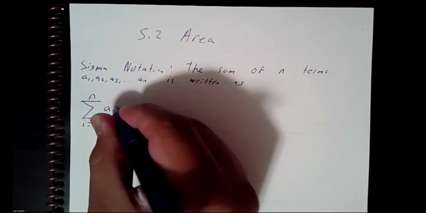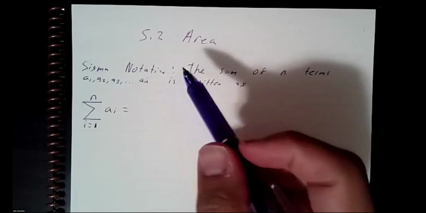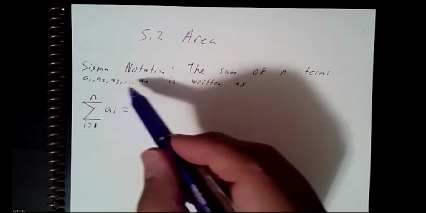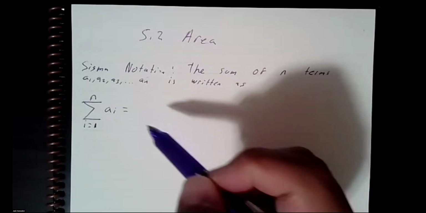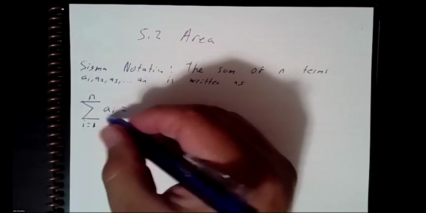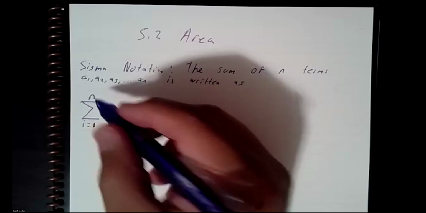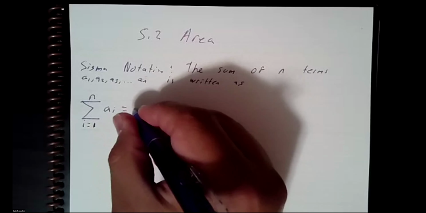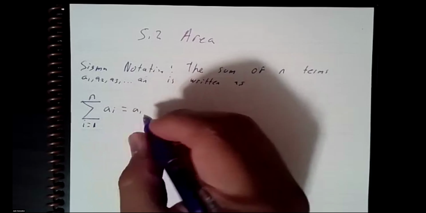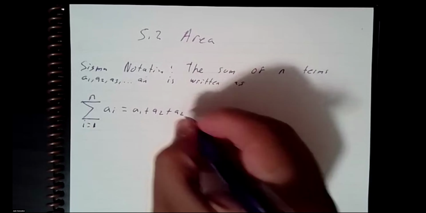So A sub i would be like your sequence or the formula for this collection of terms. So this creates the terms, and this is telling you to add them all the way until you get to n. So you're adding the first one because it starts at 1, and you go all the way until whatever n is.